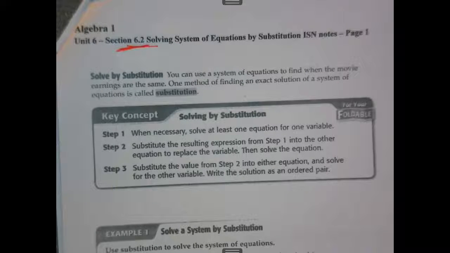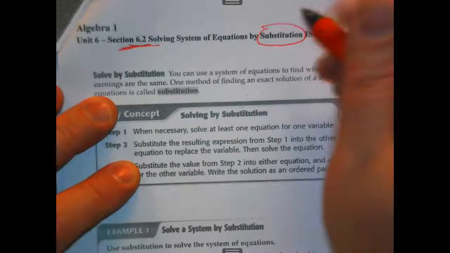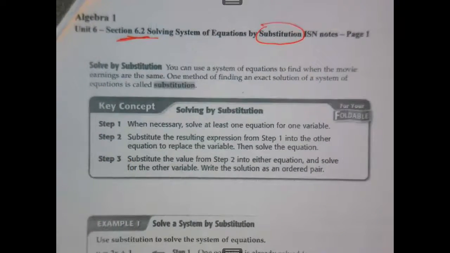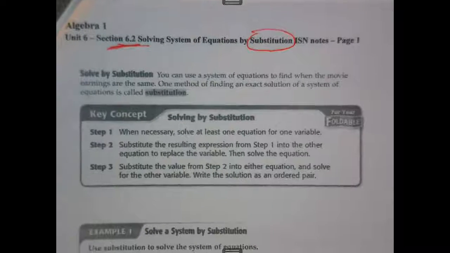6.2, solving systems of equations by substitution. Here's the second method, substitution method. This is in your note packet, right? Yeah. So you're back at your note packet. Here's the process of the steps solving by substitution.